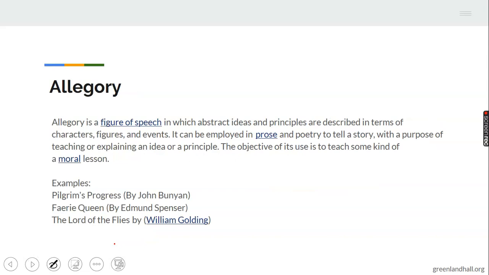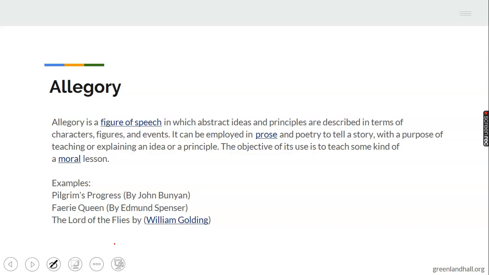Then, allegory now. Allegory is a figure of speech in which abstract ideas and principles are described in terms of characters, figures, and events. Abstract ideas are discussed in forms of character, figures, and what? Events.